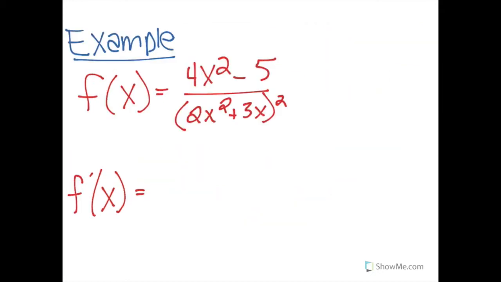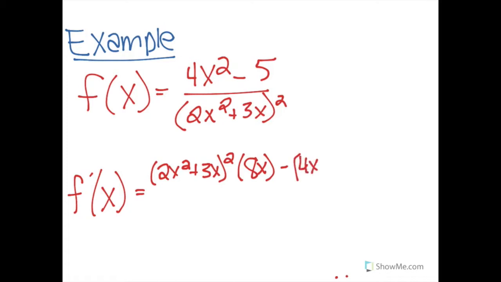So here's an example. f of x equals 4x squared minus 5 all over 2x squared plus 3 raised to the second power. Following our rhyme, we have ho, d hi, so we're going to multiply by the derivative of the top, which is 8x, minus hi times the derivative of the bottom.